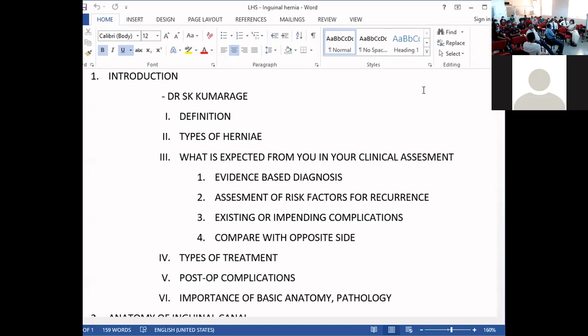So an incarcerated hernia is also irreducible. Exactly. Because the contents of the hernia are adherent to the sac. But it is not obstructed, it is not strangulated. As there are adhesions between the contents and the sac, they can't escape back into the abdominal cavity.